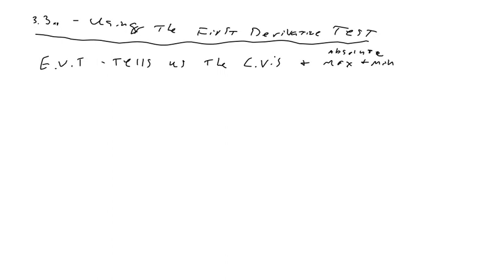The critical values tell us these peaks and valleys, where a change occurs in the graph, a change from going higher to lower, or lower to higher. The critical values tell us those spots.